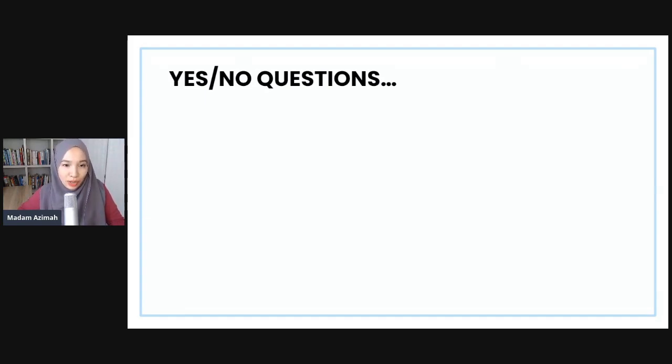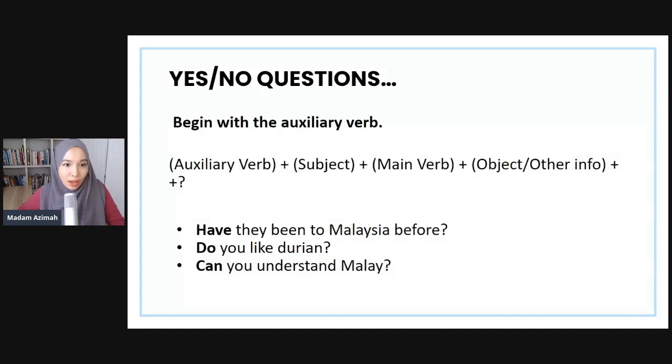Yes, no questions. This is where we begin with the auxiliary verb. This is the formula: auxiliary verb plus subject plus main verb plus other information or object, and then a question mark.